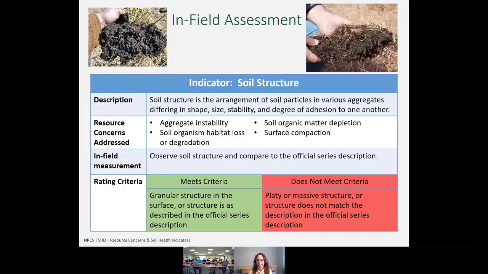So you might see platy at the surface, or have massive structure like that one image we had where there really isn't any individual particle held together in any kind of structure. It's just all of the particles are in one big chunk in a massive structure. You might also not meet criteria if the structure is not matching the official series description.